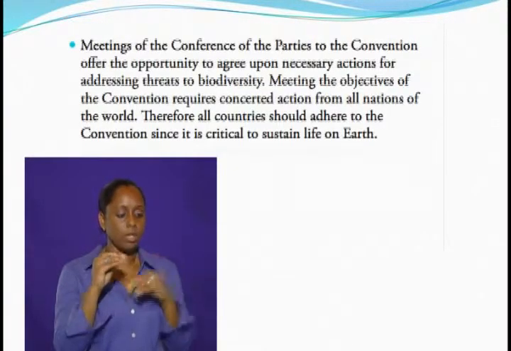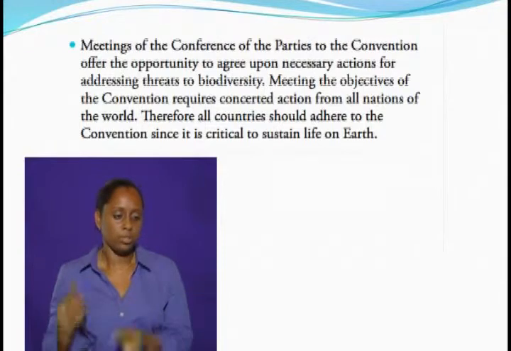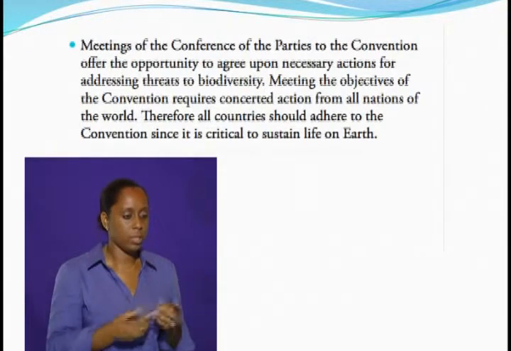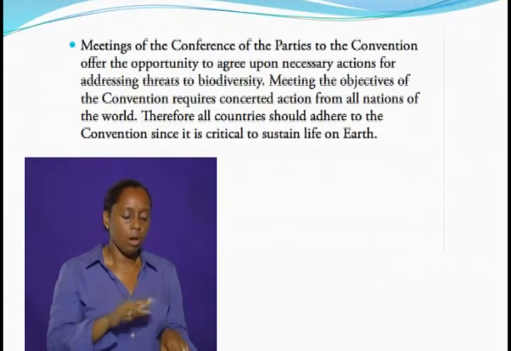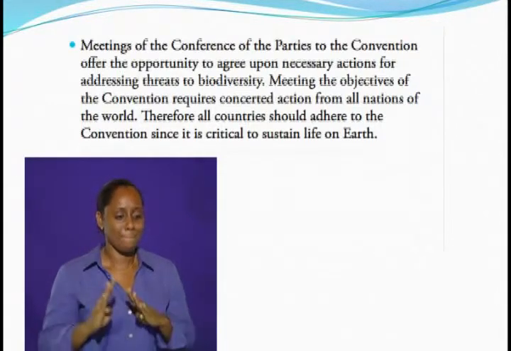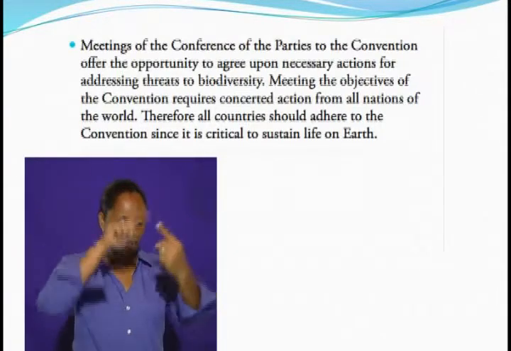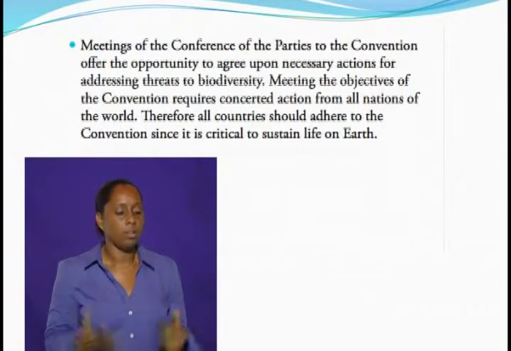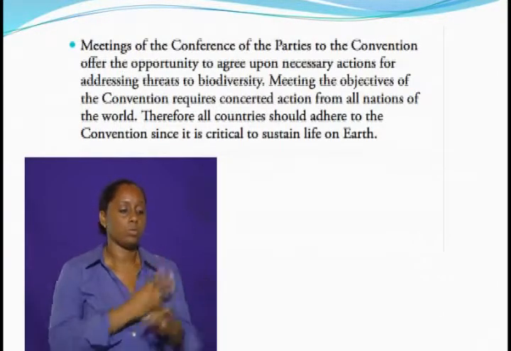Meetings of the Conference of the Parties to the Convention offer the opportunity to agree upon necessary actions for addressing threats to biodiversity. Meeting the objectives of the Convention requires concerted action from all nations of the world.